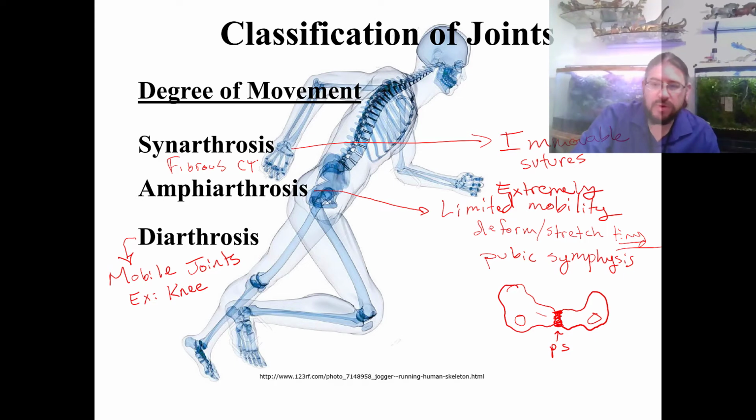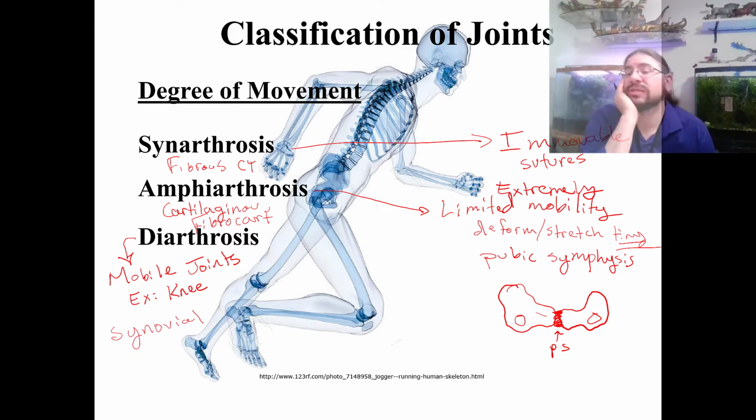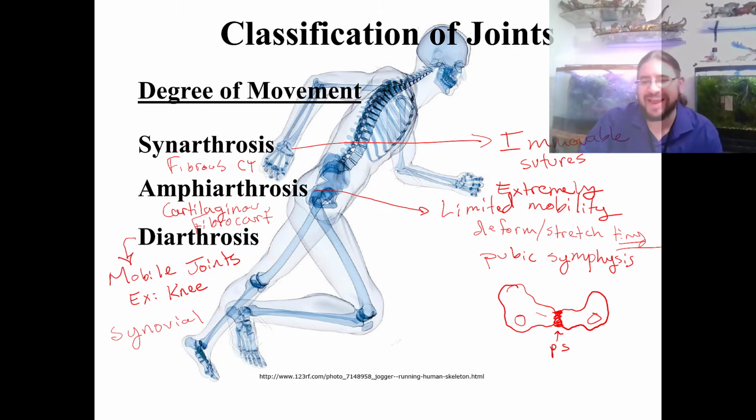Amphiarthrosis, that would be often a purely cartilaginous joint. So our pubic symphysis is fibrocartilage. And then your diarthroses are characterized as synovial joints, joints with a complicated structure to allow for the high degree of mobility you generally find in them.